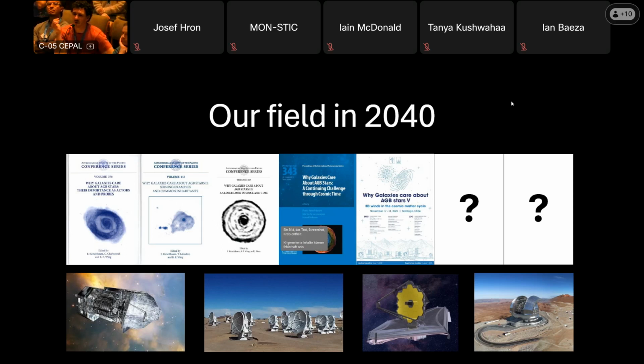One thing that Wouter Vlemmings simulated is that if we would get as much increase in sensitivity as we would hope, a factor of 10 or so, we could image hot Jupiters around red giant branch stars, which ties a lot to what Claudia was saying before. It's one of the angles that we are trying to sell for evolved stars science: seeing what happens in systems with binaries and planets.